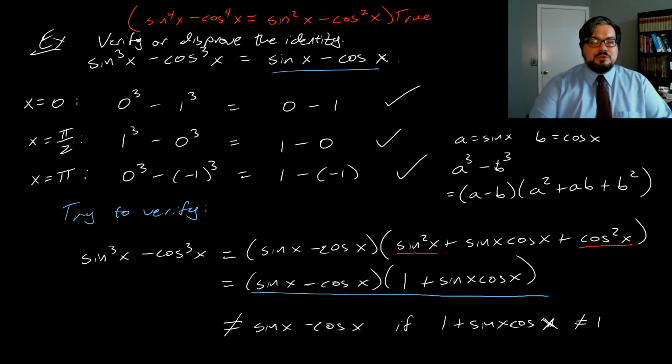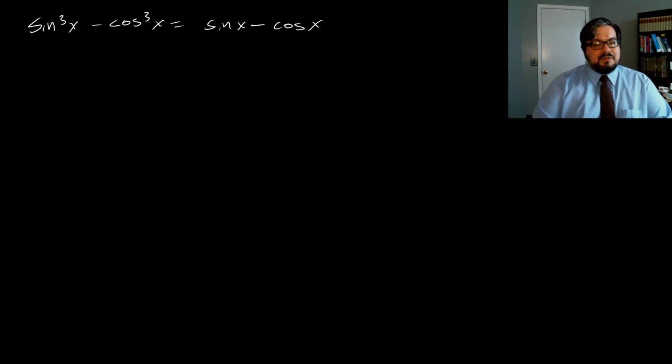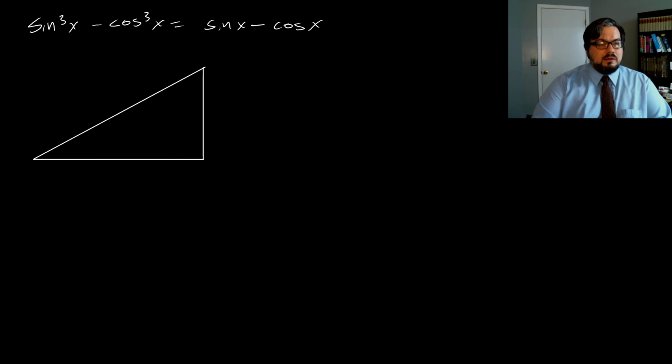So, to show that this is not an identity, we can construct a triangle with particular side lengths, and we can choose to take this triangle.